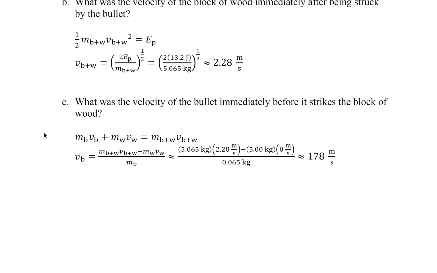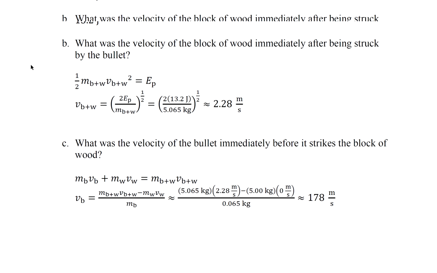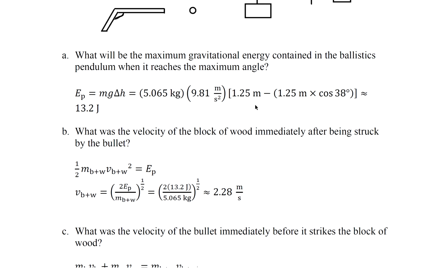Part C, what was the velocity of the bullet immediately before it strikes the block of wood? So now we're going to use the law of conservation of momentum. See, part B was the law of conservation of energy, part C is the law of conservation of momentum. So in part C, we have the bullet going to the right and the wooden block at rest.